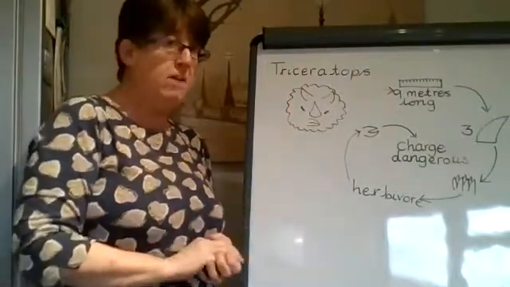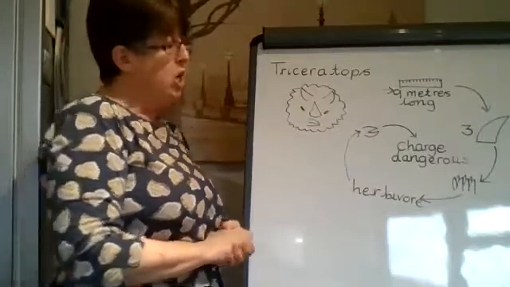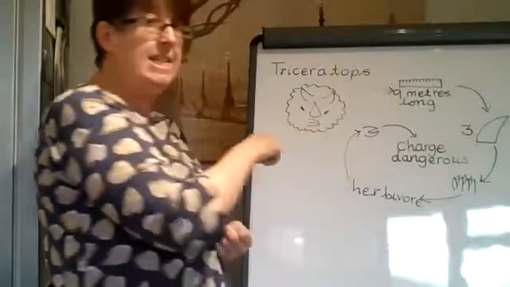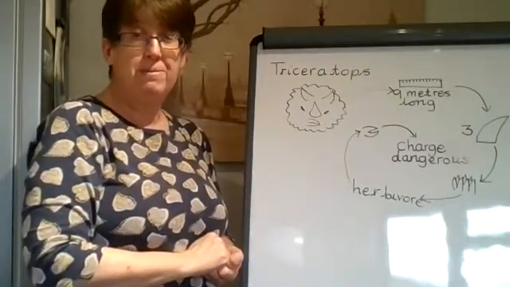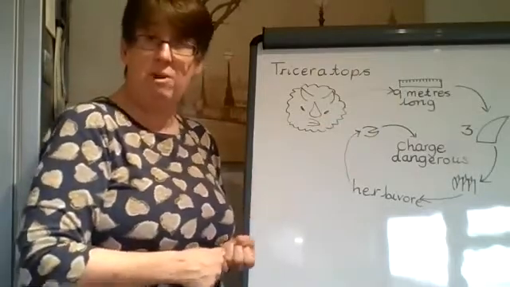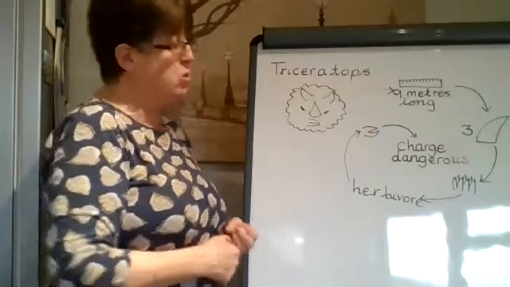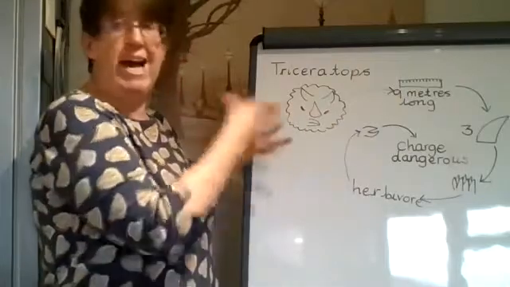If you have found another fact about a Triceratops, you could add that in somewhere on your plan. So then your writing will be very much your own because you'll have your own facts in it too. You could swap out one of my facts and put one of your own in, or add an extra one.